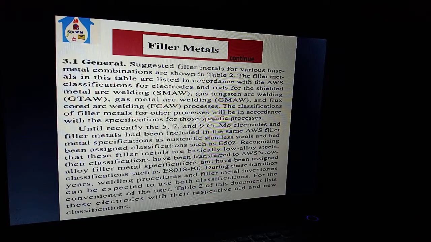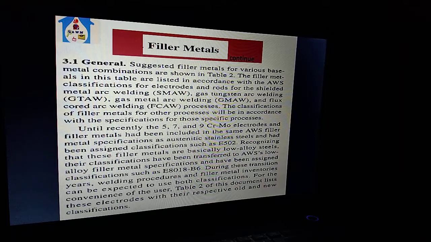Recognizing that these filler metals are basically low alloy steel, their classifications have been transferred to the AWS low alloy steel filler metal specification and have been assigned classifications such as E8018-B6.